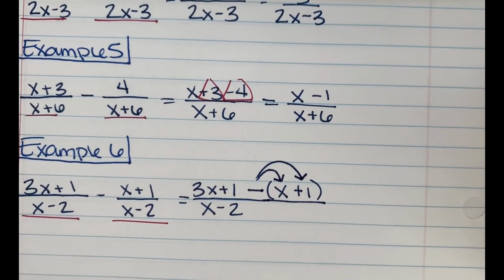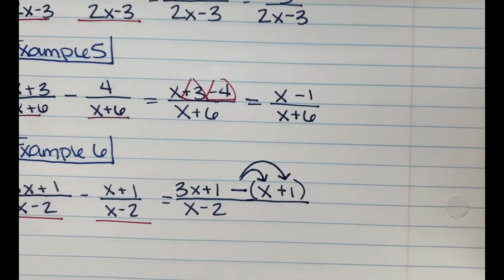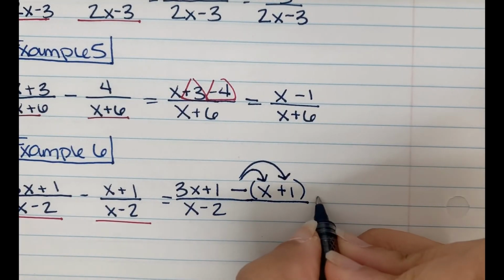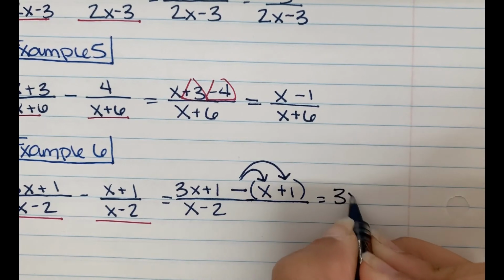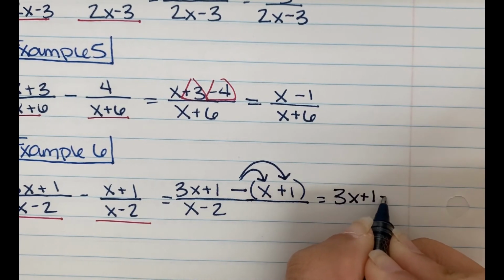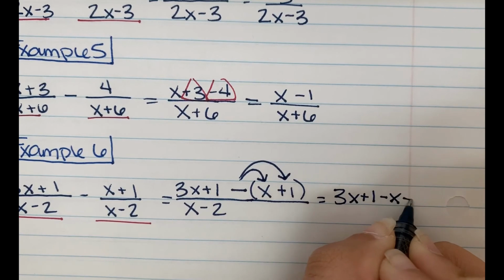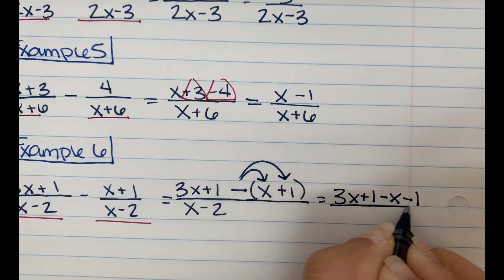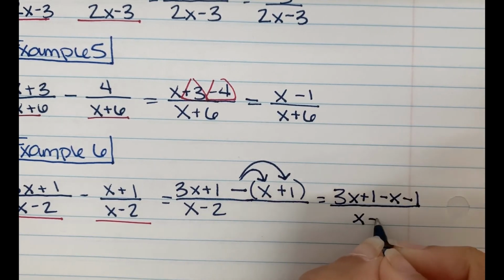Since we have to distribute our negative sign, that means we're going to have 3x plus 1 minus x minus 1 all over x minus 2.